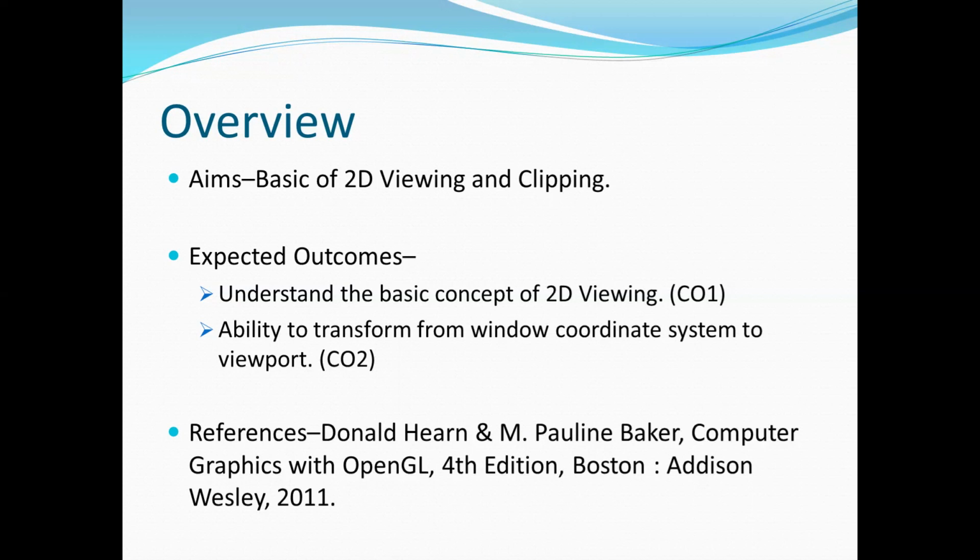After going through this lecture, students will be able to understand the basic concept of two-dimensional viewing, and along with that they can transform any object from the world coordinate system to the viewport.